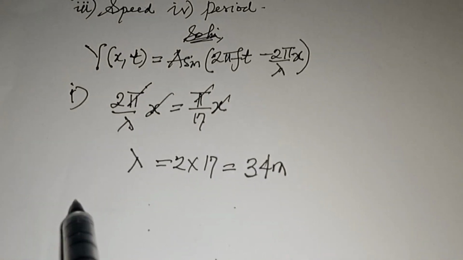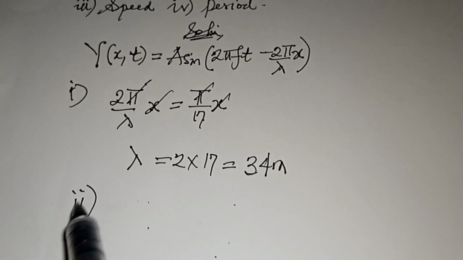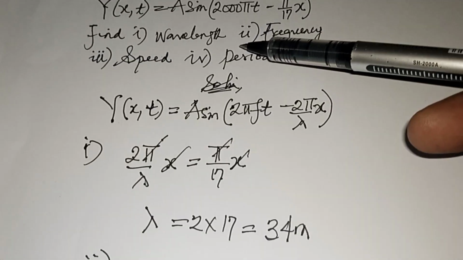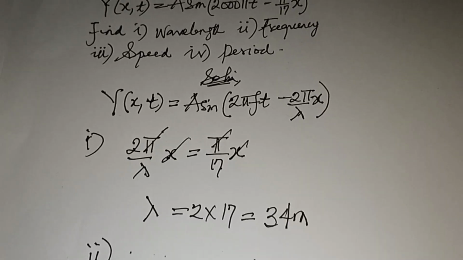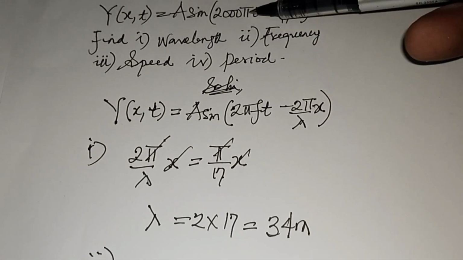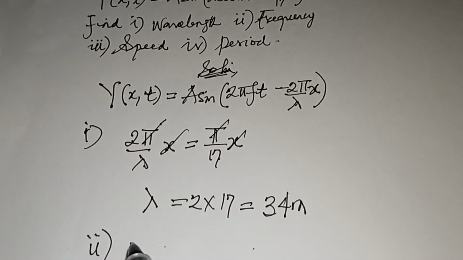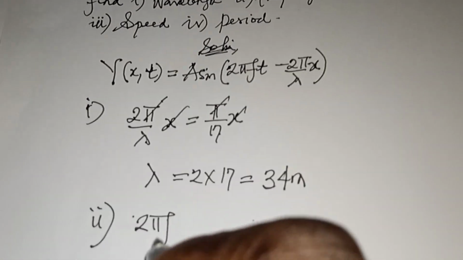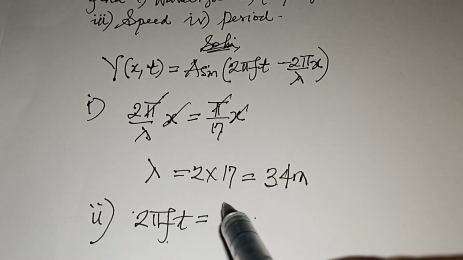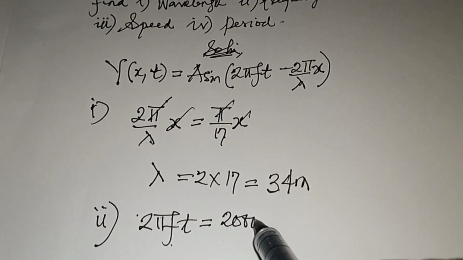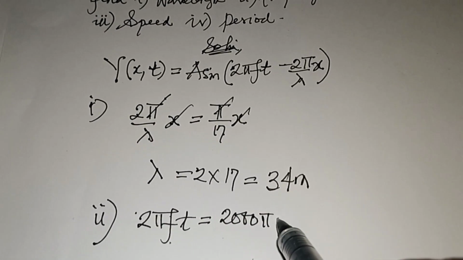All right, let's move forward. For part two, we are supposed to look for the frequency. How do we calculate the frequency? You also compare the equation. Look at where we have frequency and compare it with this equation. So we have 2 pi f t equal to 2000 pi t.